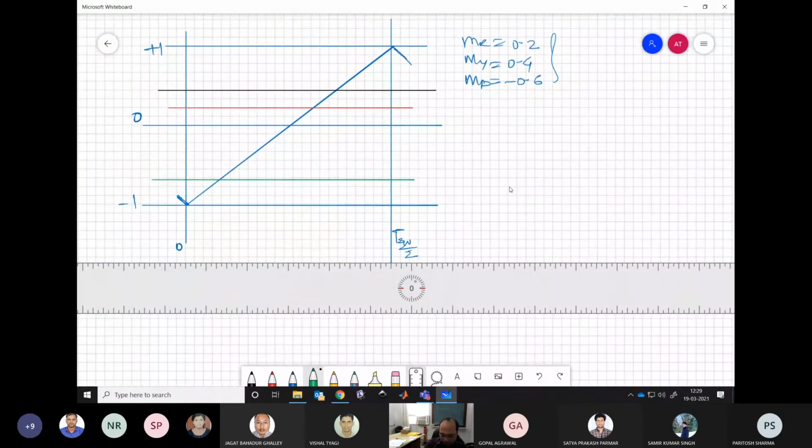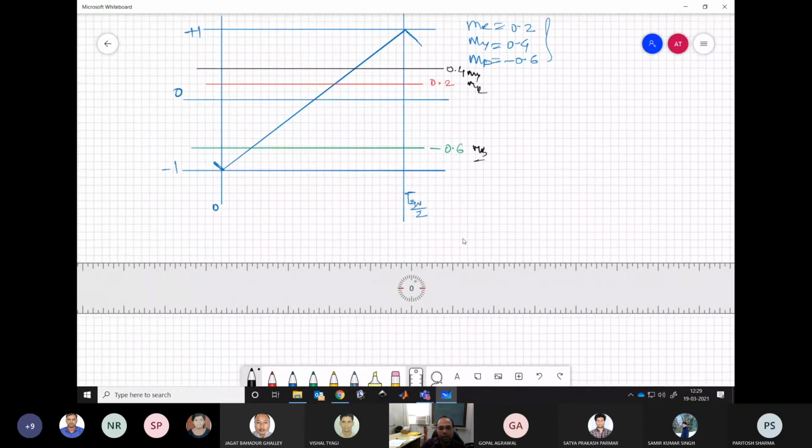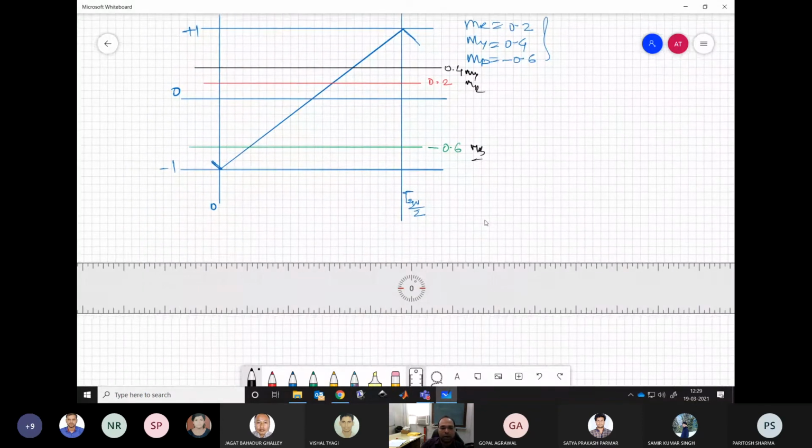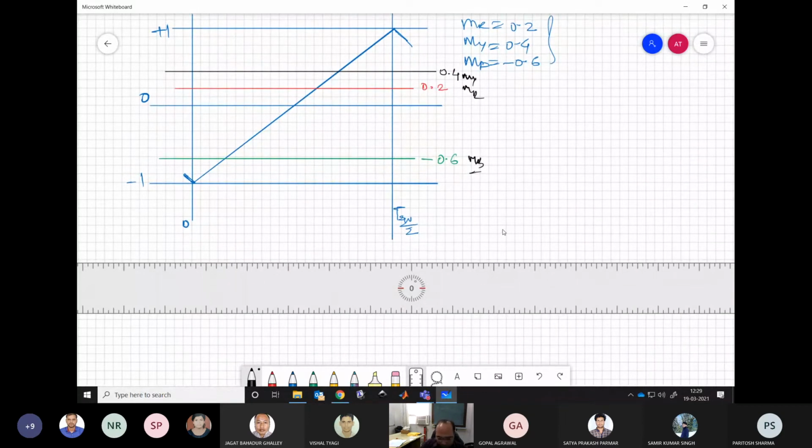So now these values we demarcate because this is important for analysis. This is 0.6, then this is 0.2, and then this is 0.4. So this is our MY, MR and MB. So for one switching cycle, it does not change much. Only at every switching cycle, we see some change on the value of these modulating signals after a switching cycle. So that's why this analysis we can do.